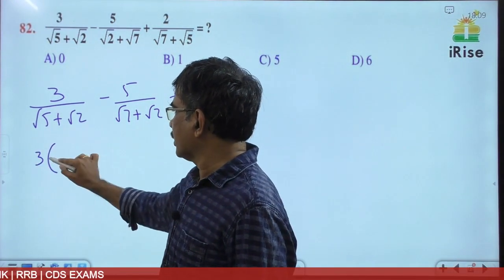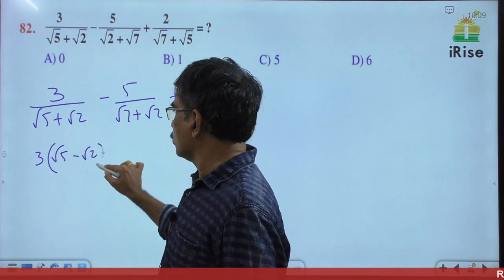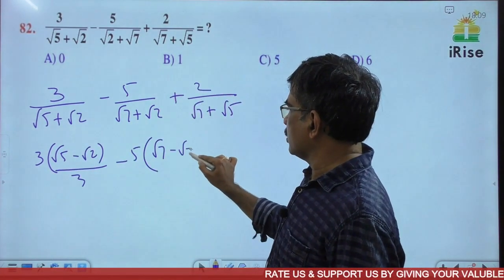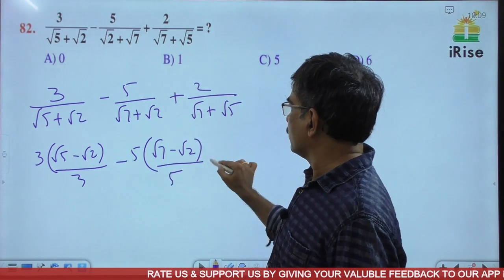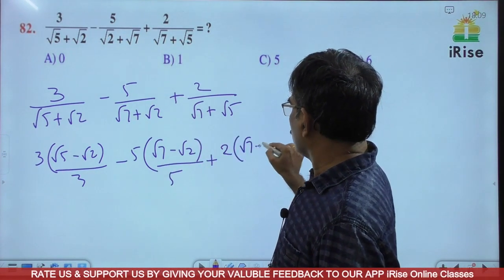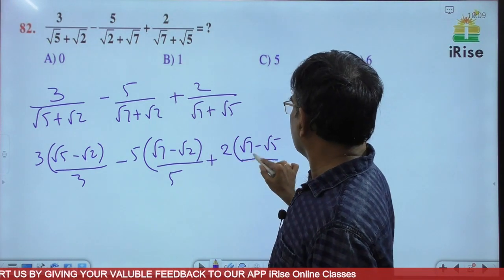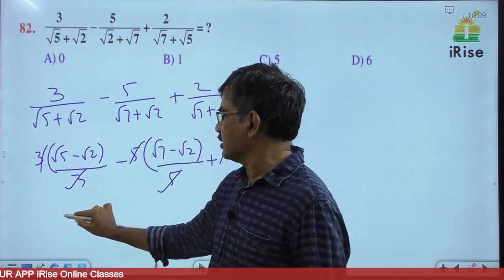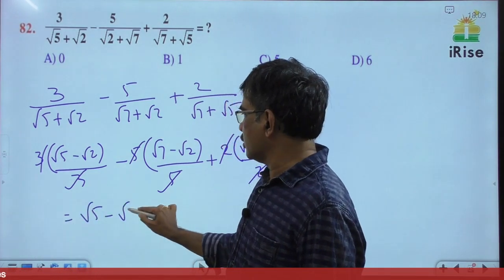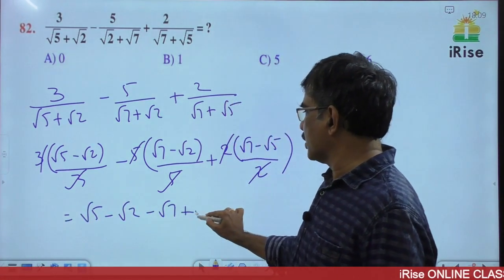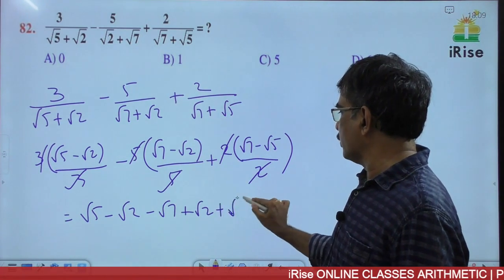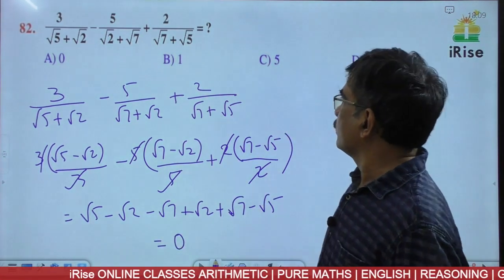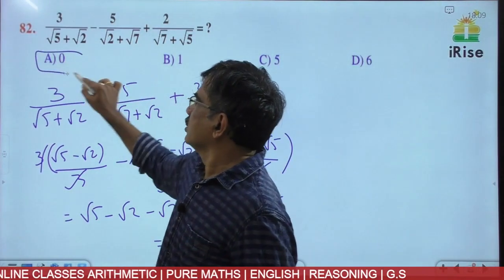After rationalization we get 3 into root 5 minus root 2 by 3, minus 5 into root 7 minus root 2 by 7 minus 2, that is 5, plus root 2 into root 7 minus root 5 by 7 minus 5, that is 2. 2 cancels, 5 cancels, 3 cancels. You get root 5 minus root 2 minus root 7 plus root 2 plus root 7 minus root 5. All the terms get cancelled. So the answer is 0 for this question. Answer is 0.